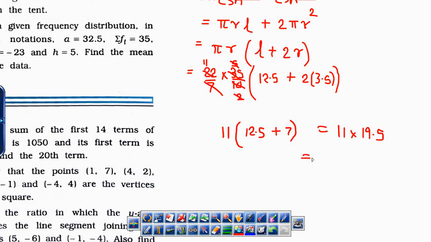Hence the final answer, 11 into 19.5 is 214.5 centimeter square surface area.